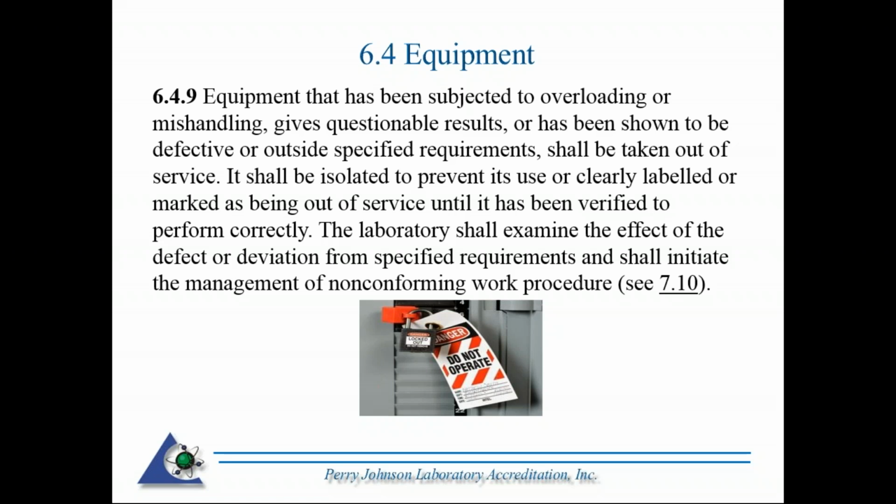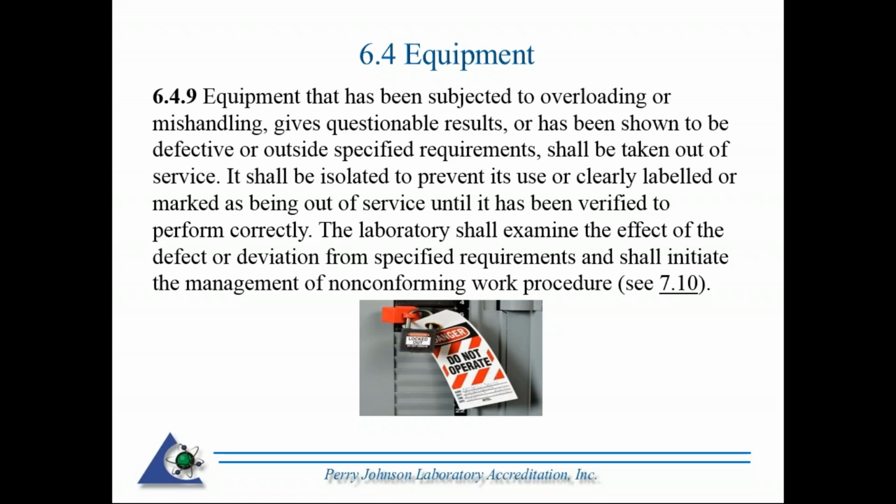So if equipment was found to be operating out of predefined limits, and it actually was used in your testing and calibration, and the results were reported to your customers, that procedure in 710 would need to be looked at. And it's stating it's not just word of mouth.